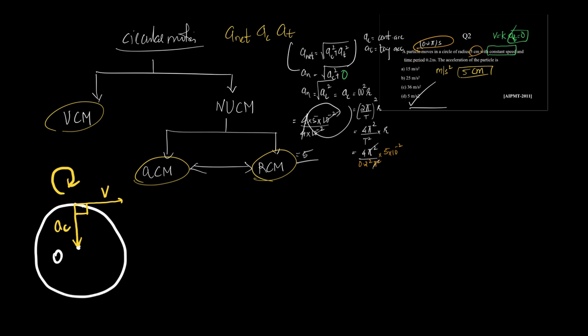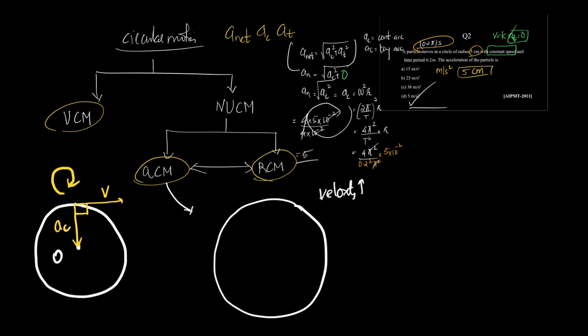Now let us see what happens in the case of accelerated circular motion. When we have accelerated circular motion, velocity increases. Say this is the center and we are considering this point here. This will represent the direction of centripetal acceleration, and this here will represent the direction of velocity.